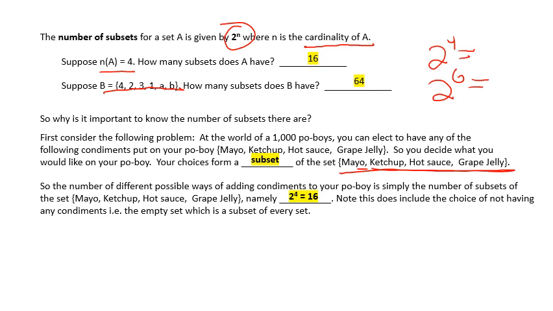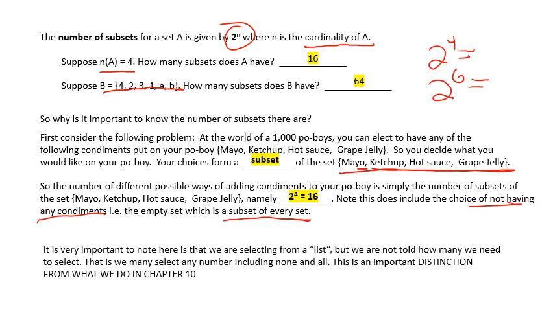And this is important because the way I worded this problem, you could pick nothing, plain old po' boy, you could pick everything. In other words, the number 16 is all the possible subsets. That includes not having any condiments, the empty set. And the empty set we just finished saying is a subset of every set.